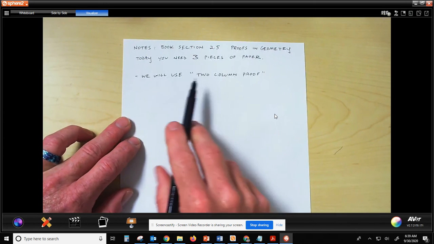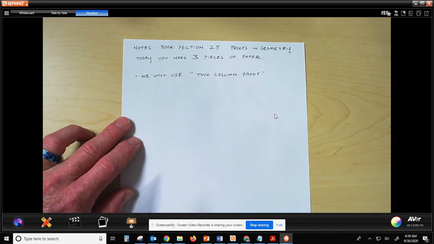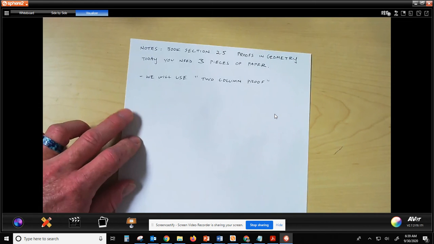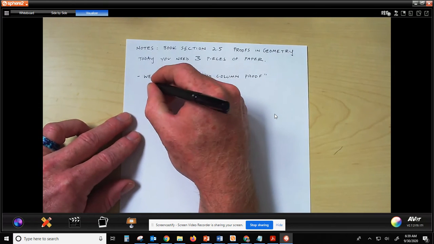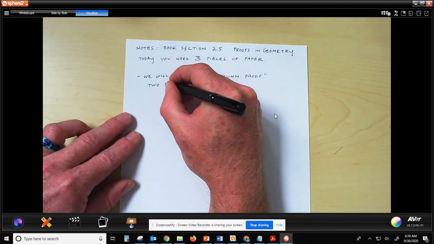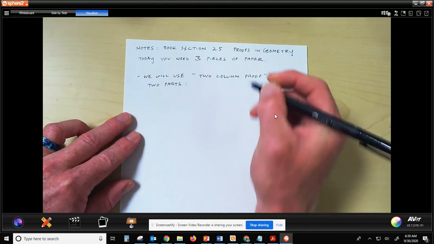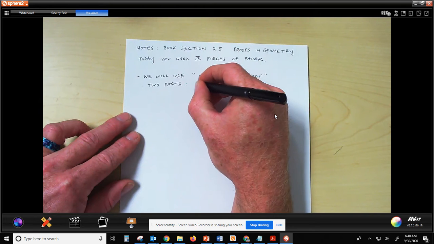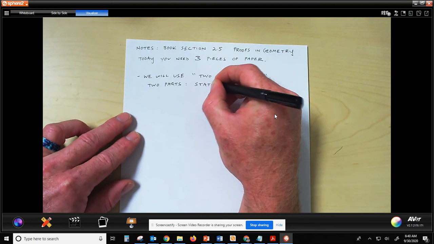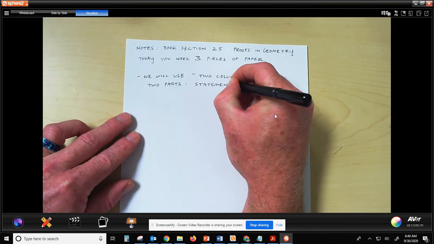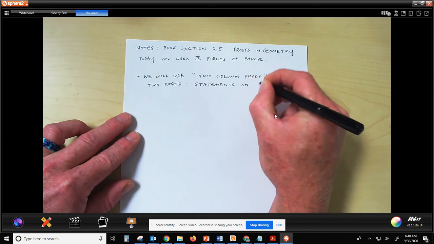There are many kinds of proofs. The 2-column proof is pretty common. It has 2 parts. Statements and reasons.